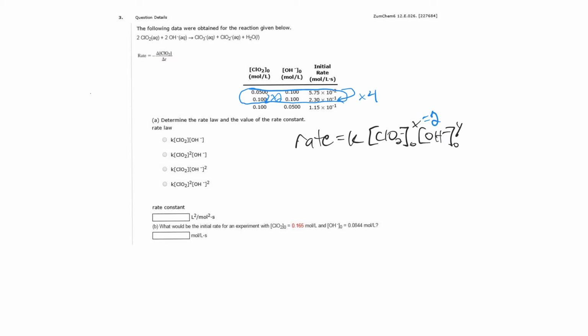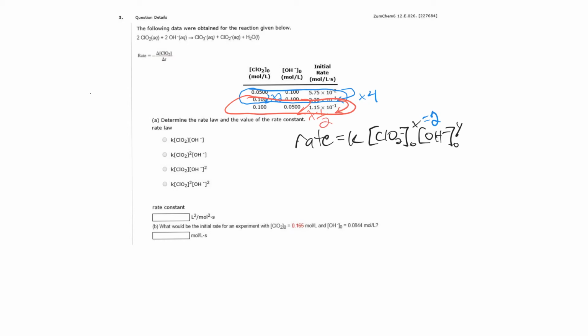Now let's look at the next 2 lines in the table. Lines 2 and 3, the ClO2 concentration stays the same. The hydroxide concentration is half as much. And what happens to the rate?